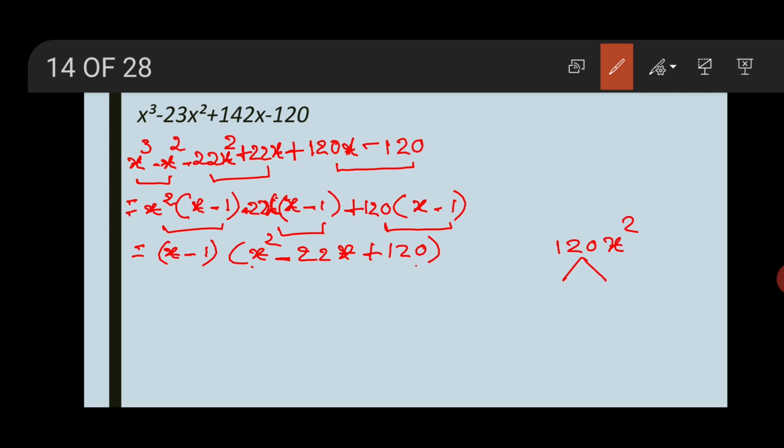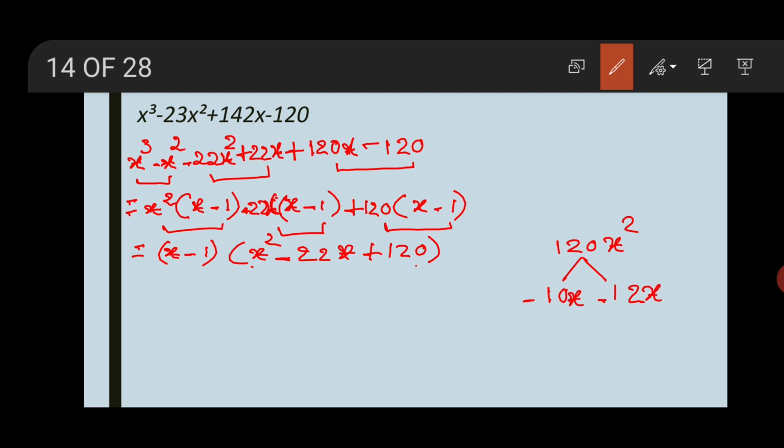On multiplication of which two numbers do you get product as 120 and sum as 22? Yes, 10 and 12. 10 twelves are 120 and 10 plus 12 is equal to 22. But the sign of 22x is negative, so put negative sign to both the terms.